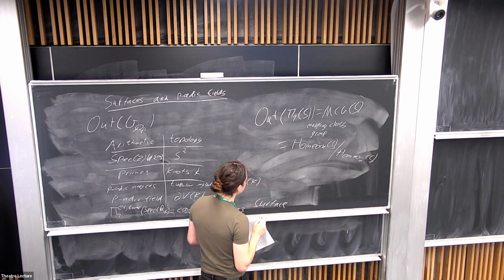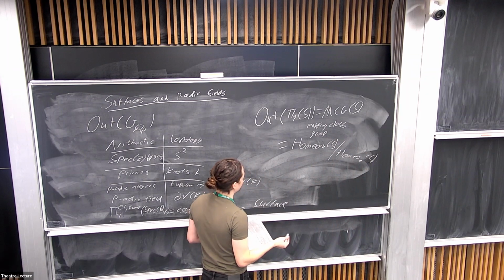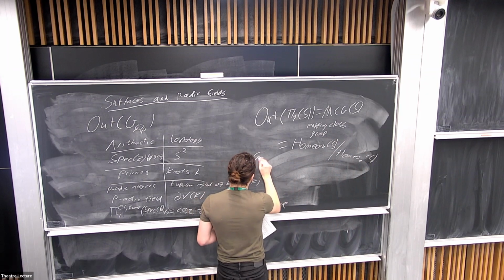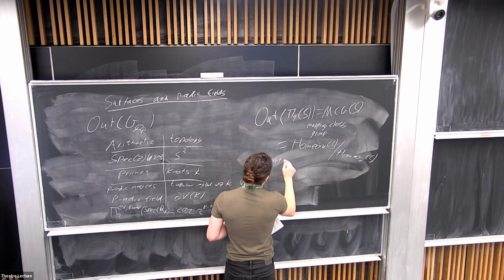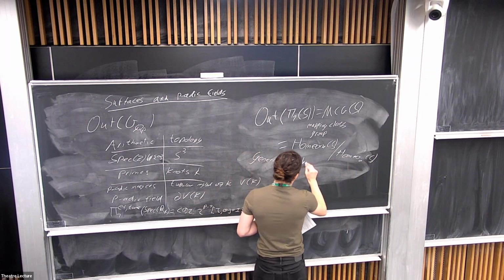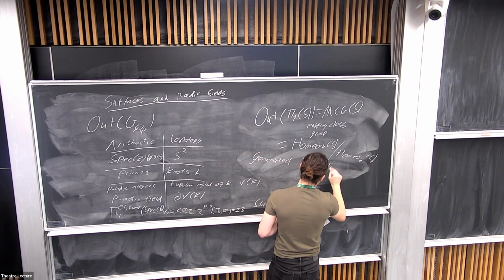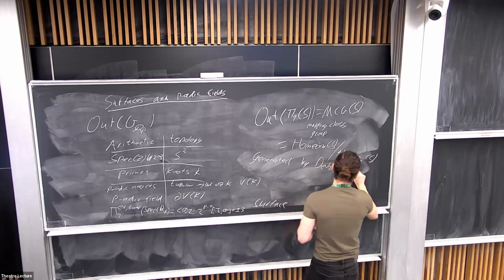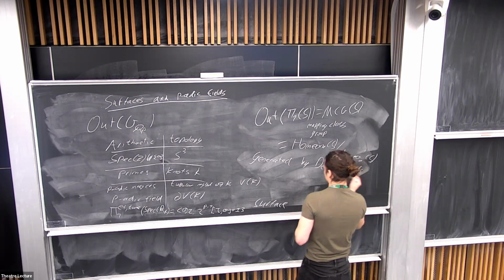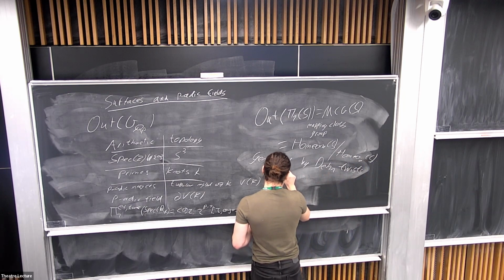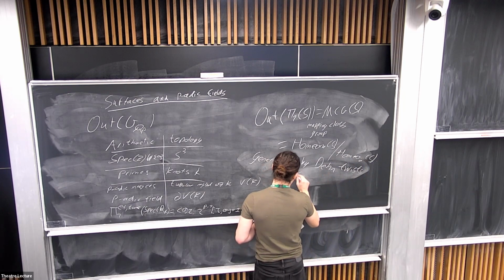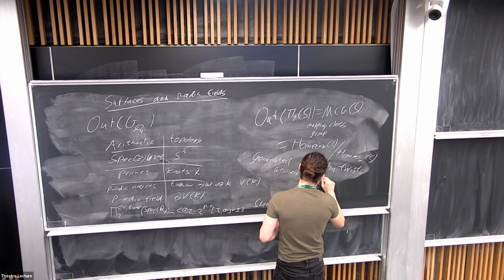And one of the nice things about the mapping class group is that it is generated by Dehn twists around simple closed curves on S.